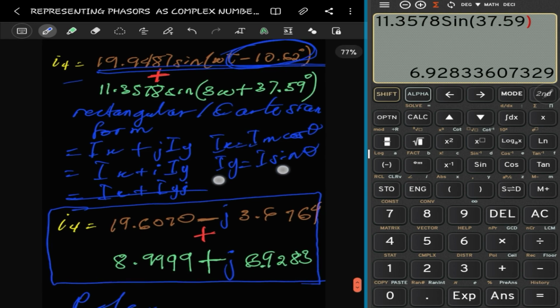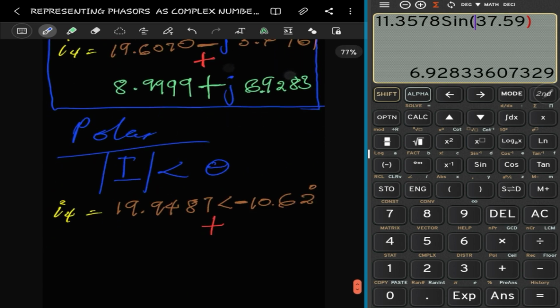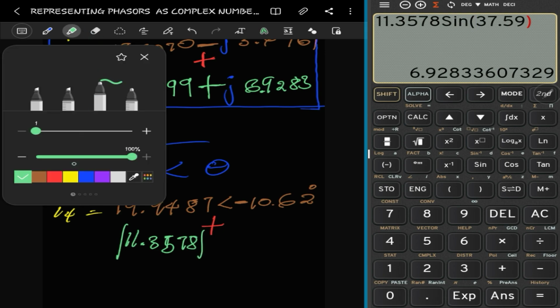Basically straightforward as you've seen. So that's 11.3578. That's the peak. Appropriately, it should be shown as a vector, right? Yeah, so that's the appropriate way.